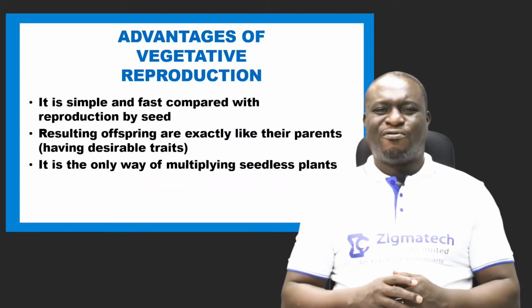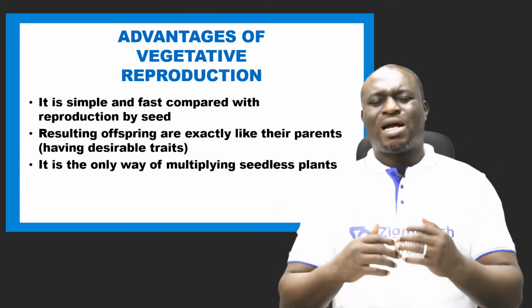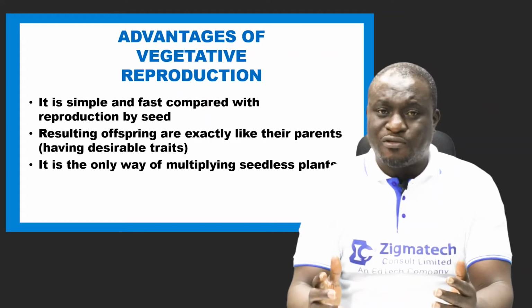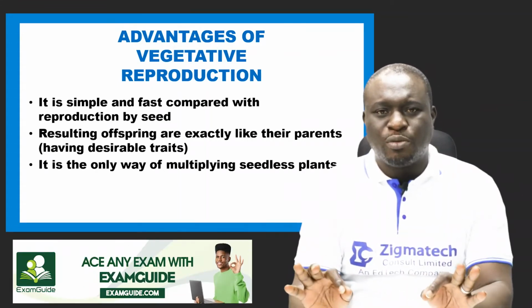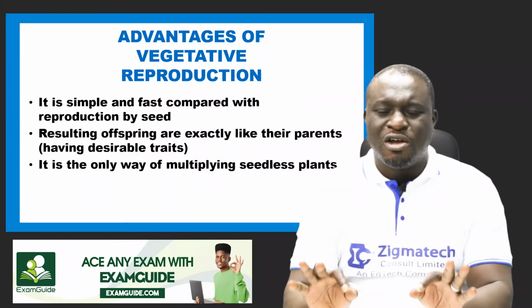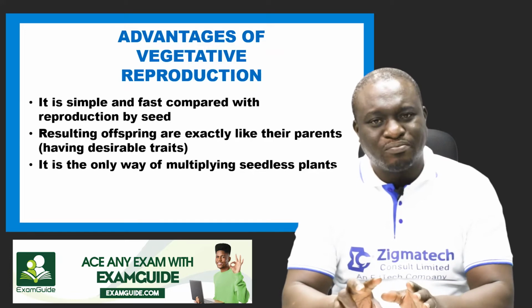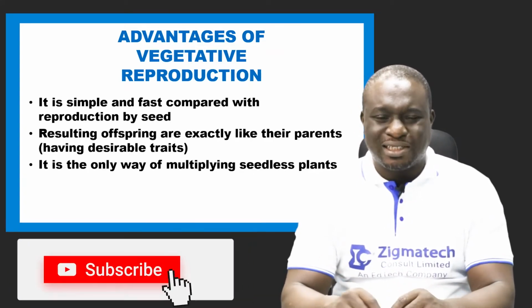Next, advantages of vegetative reproduction. We have a lot of advantages and disadvantages, but for time's sake, we're going to look at 3 advantages. Number 1, it is simple and fast compared to reproduction by seed.